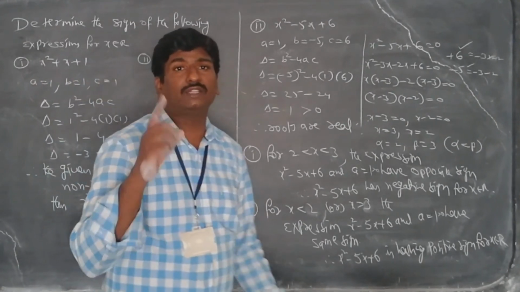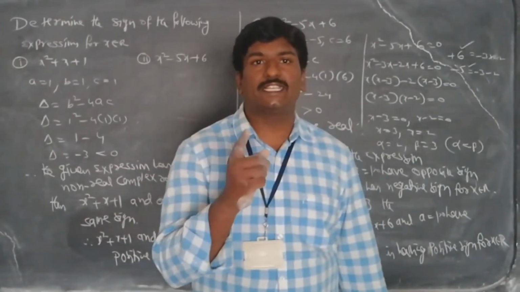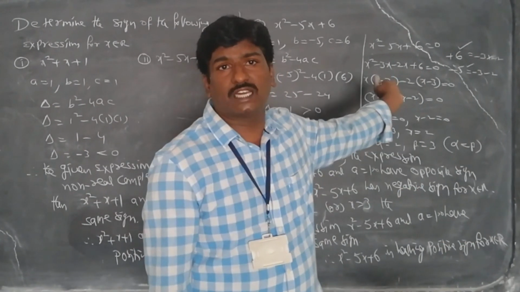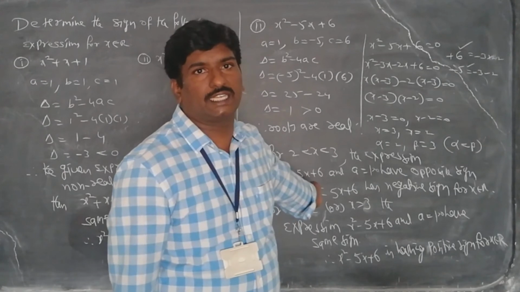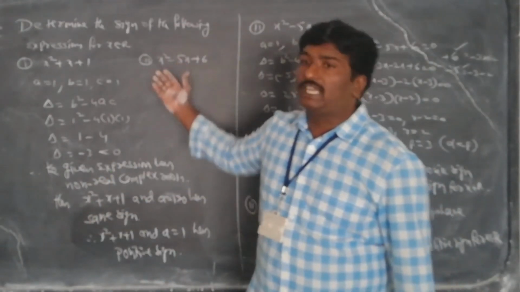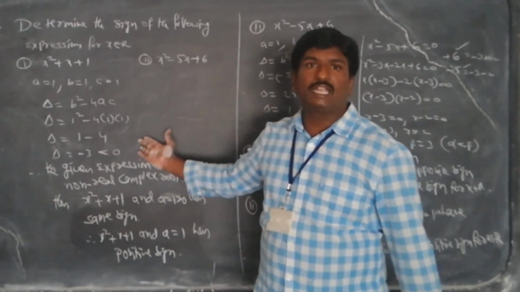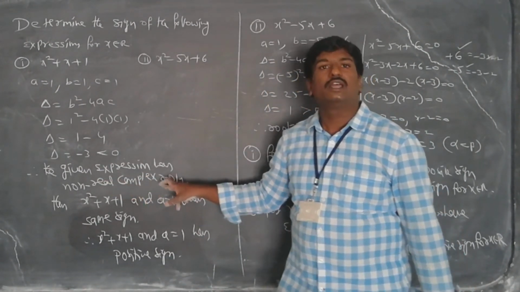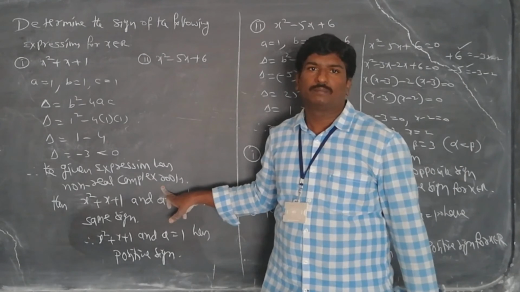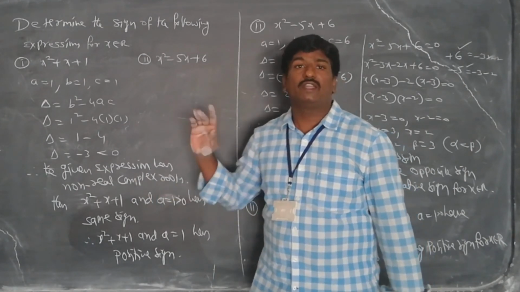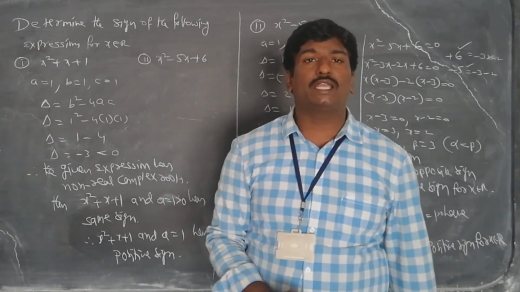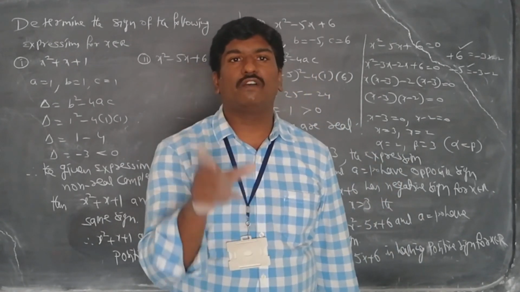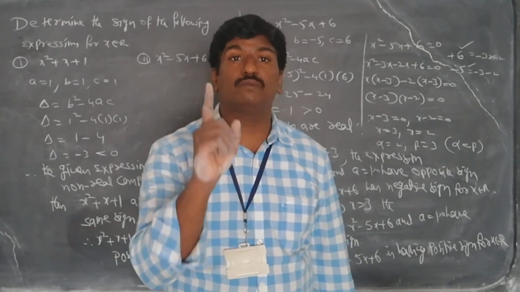So for discussing the sign, you have to find the discriminant. When it is greater than 0, the equation has real roots, and then you have two conditions. Right? When delta is less than 0, then we say that the expression has non-real complex roots. When the expression has non-real complex roots, then the expression and the coefficient of x square, a, have the same sign.